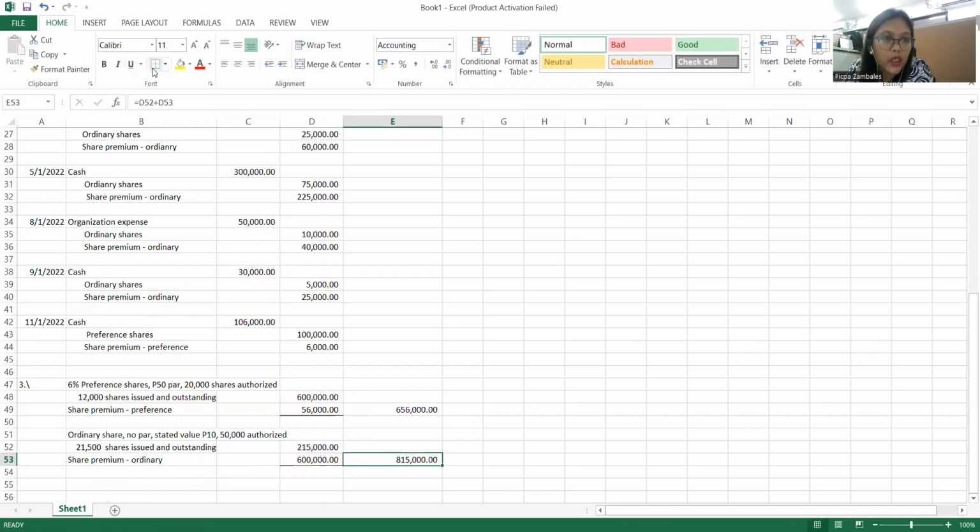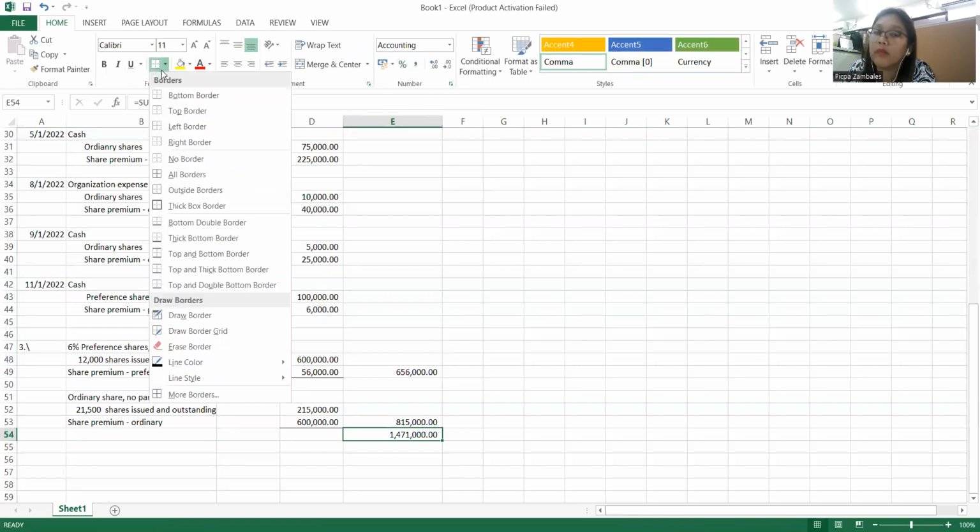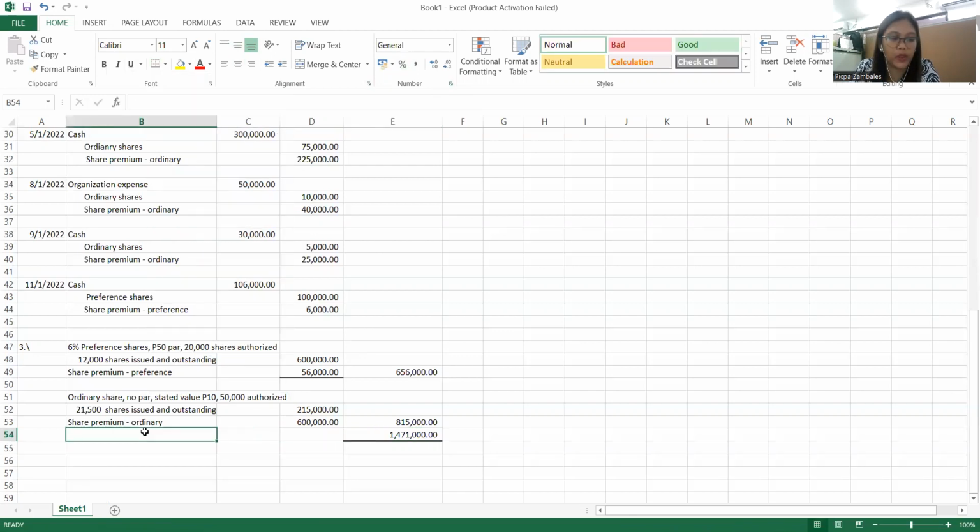So our total equity as of this time is how much? It's 1,471,000. Okay, this is now our total share capital.